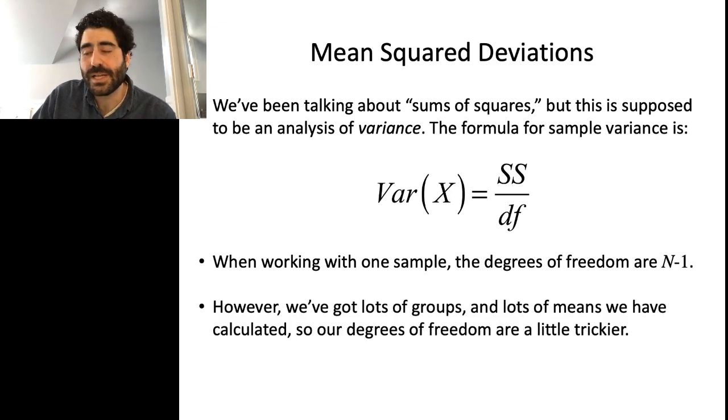We're now going to start defining some new quantities that are kind of like variances. They're going to have a very similar form, where we take a sum of squared deviations and divide by degrees of freedom.